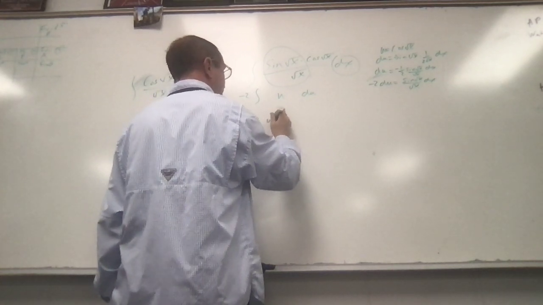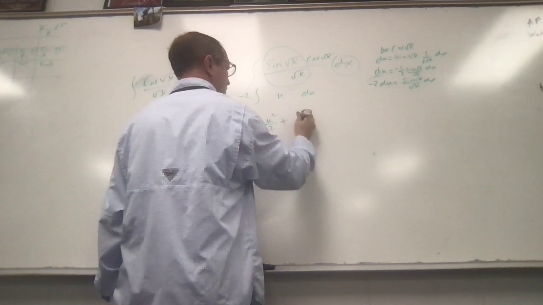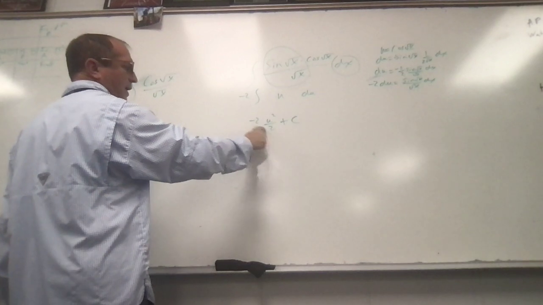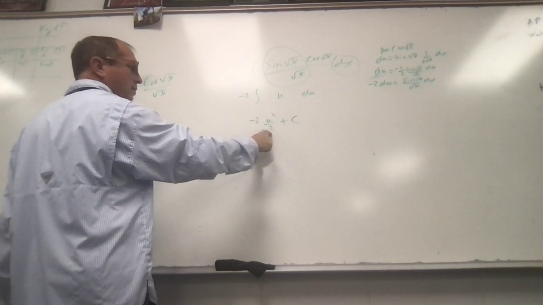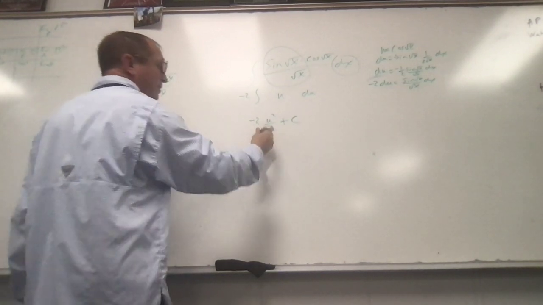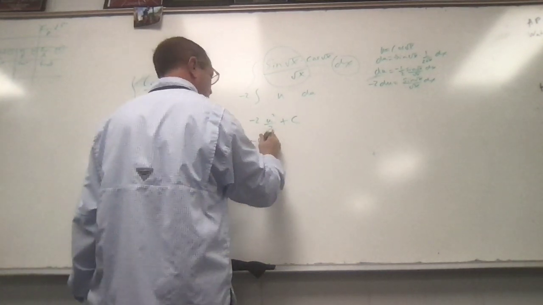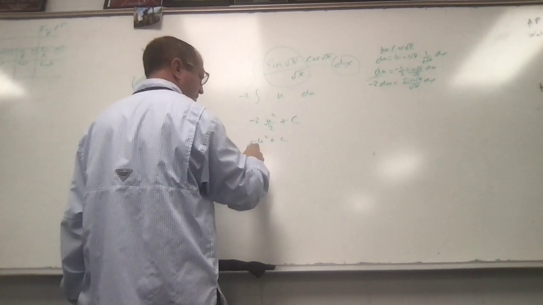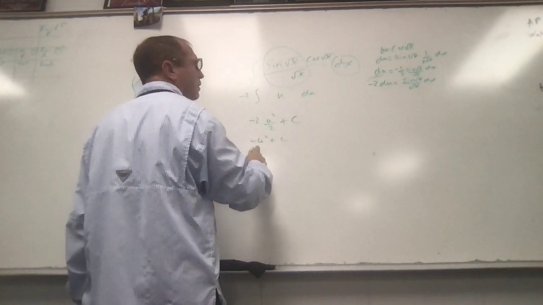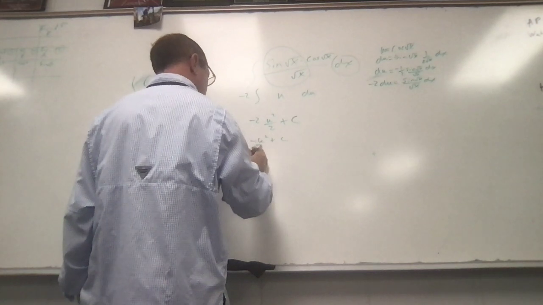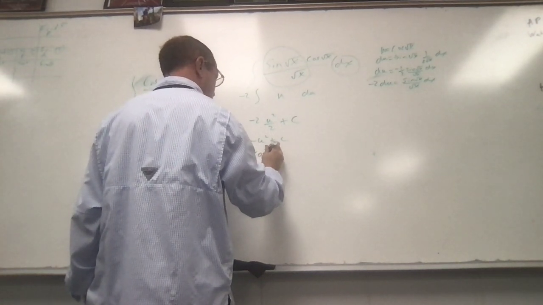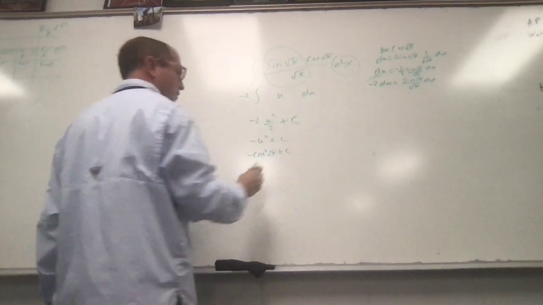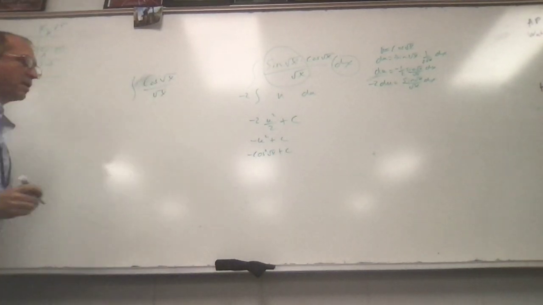And now the twos cancel out. So I get negative u squared plus c. And u is the cosine of the square root of x, so it's negative cosine squared of the square root of x plus c. That's my final answer.